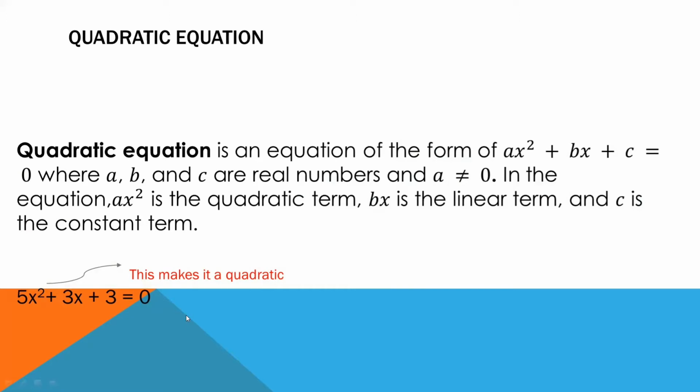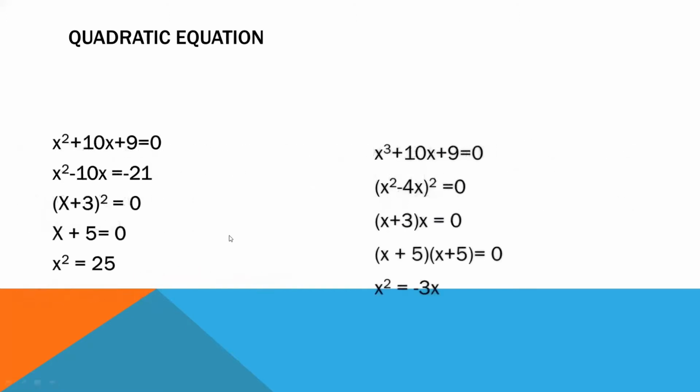So I have here different examples of equation, and we will identify if each equation is a quadratic or not quadratic equation. So in the first one, yung first equation natin is x squared plus 10x plus 9 is equal to 0. So this is considered as quadratic equation.